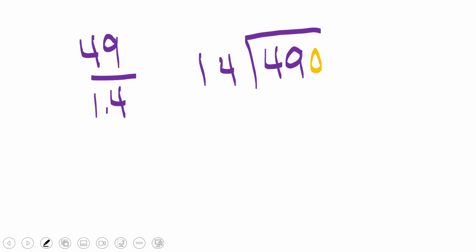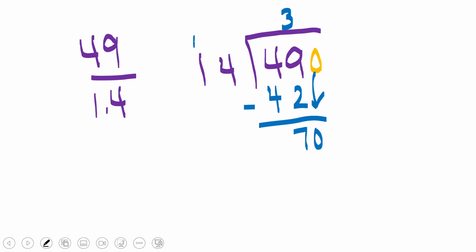14 fits into 4? No. 14 fits into 49 about 3 times. 3 times 4 is 12. Drop our 2, carry our 1 for a 12. 3 times 1 plus 1 is 4. And we have 49 minus 42 is 7.